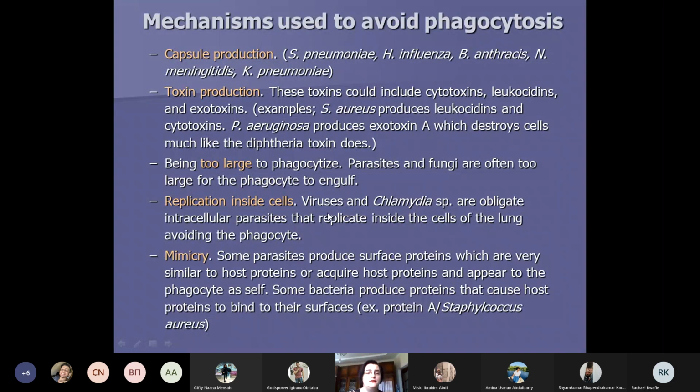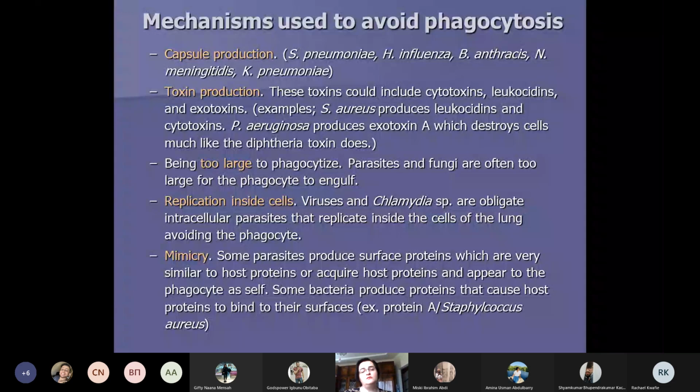Replication inside the cells: viruses and chlamydia are obligate intracellular parasites, and also a lot of rickettsias, I hope you remember, replicate inside the cells of the lung, avoiding the phagocyte. And also mimicry.